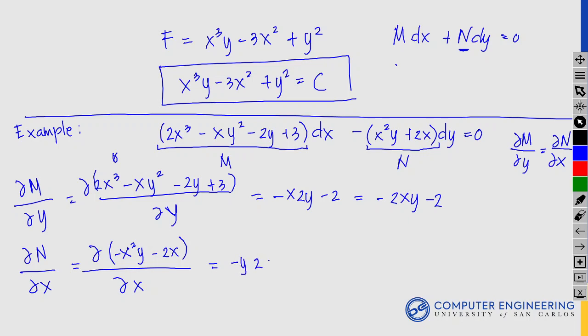The derivative of x squared is 2x. The constant cancels out, so minus 2. This becomes minus 2xy minus 2. So it is an exact equation. Thank you, Clark.